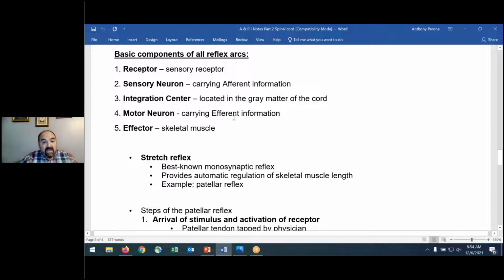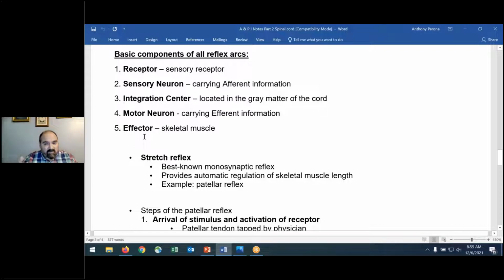And this will carry efferent information, motor output to the peripheral nervous system and then to the periphery, to the body itself. So you'll see here, folks, this is important: receptor and effector. We're receiving, and then there's some type of output. So receptor, sensory neuron, integration, motor neuron, effector. Pretty simplistic, folks, not too difficult.